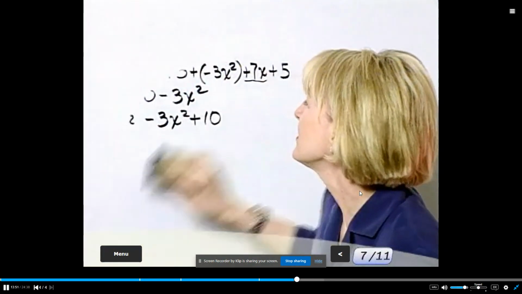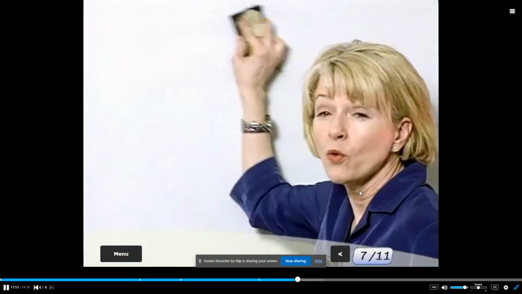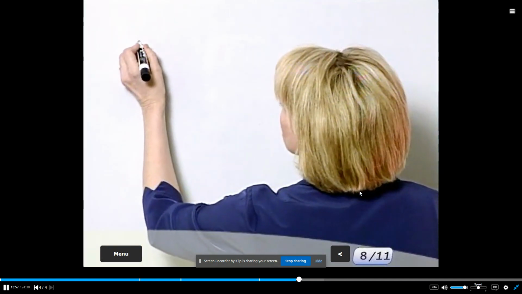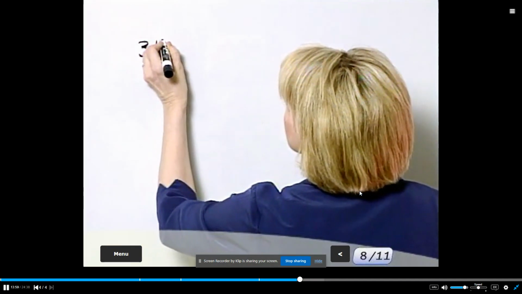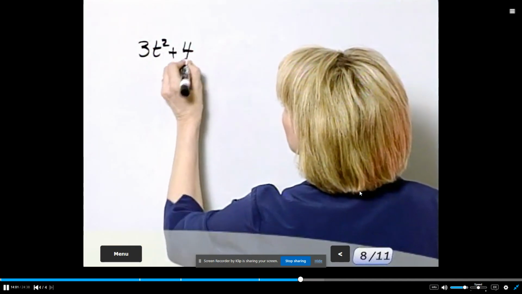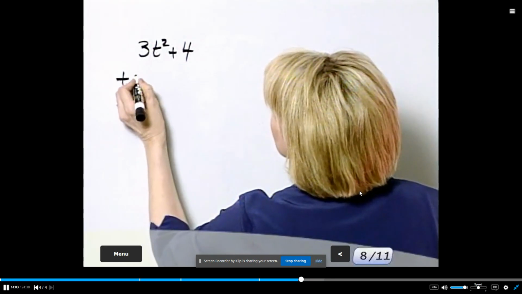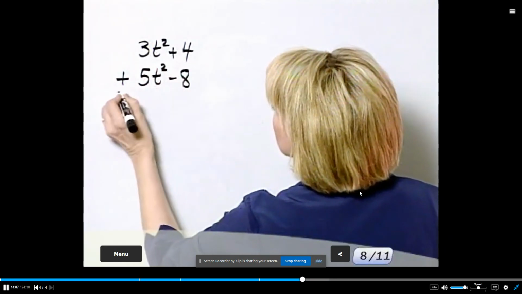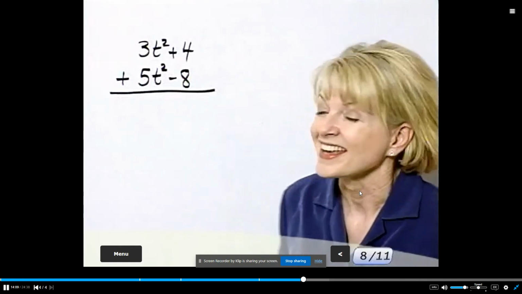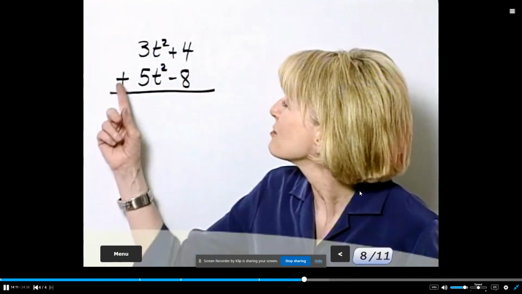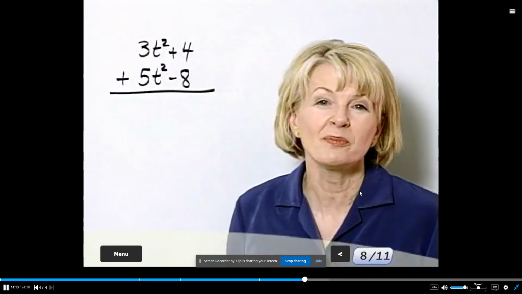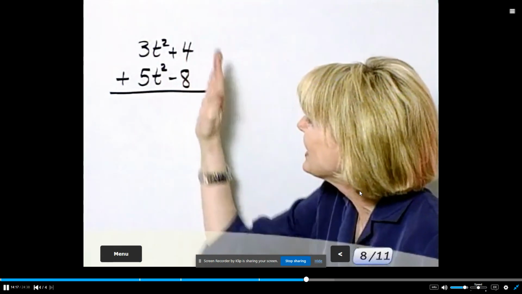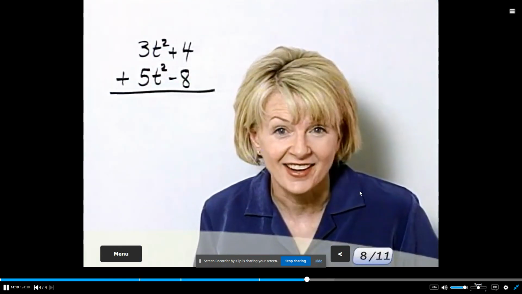Let's try that again using a vertical format. Let's suppose I have 3t squared plus 4. I'll add to that 5t squared minus 8. Here, notice I am adding two polynomials. I'm just using a vertical format. And notice like terms are lined up.